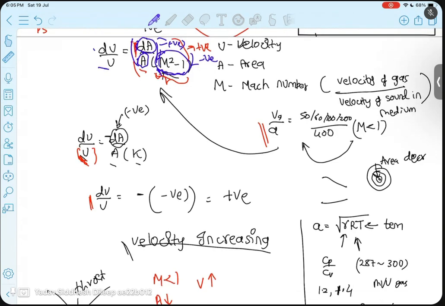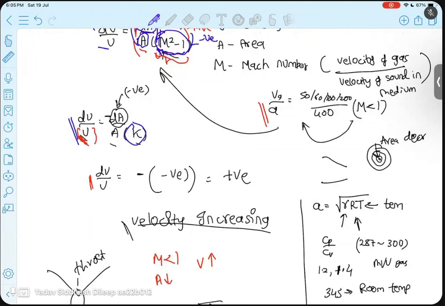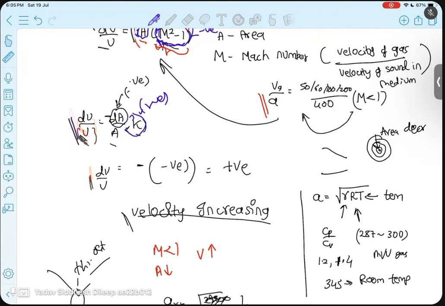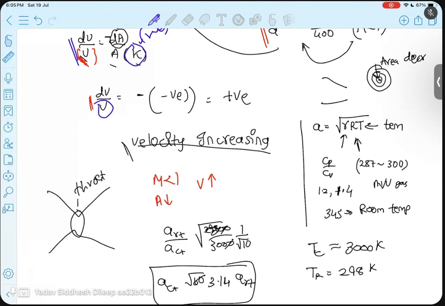So du by u equals dA by A, with the factor M squared minus 1 as a constant. dA is negative, M squared minus 1 is negative. Negative into negative is a positive term, and velocity u is basically always positive in this case. So that is why your change in velocity du is positive.